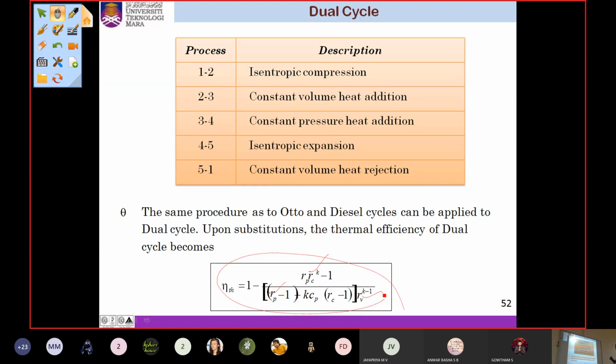So this will be the thermal efficiency of a dual cycle.